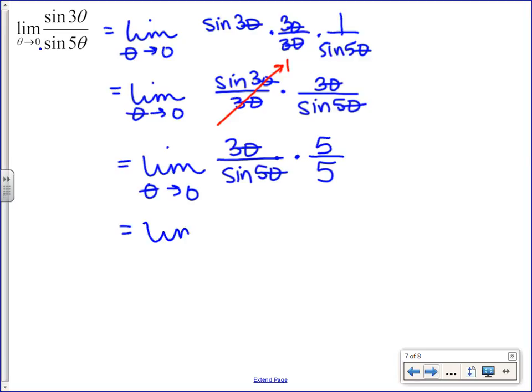Because watch what we can rearrange this to. I'm going to leave the 3 here, and I'm going to group 5 and theta together over the sine of 5 theta. It's now 3 times 5 times theta.